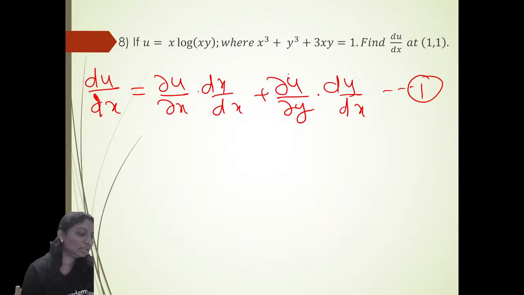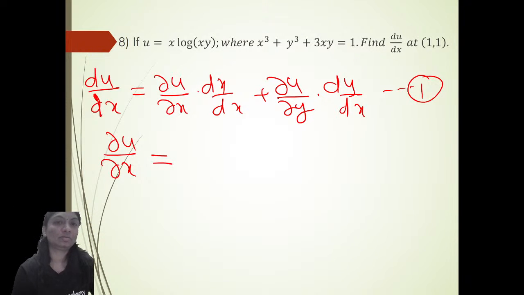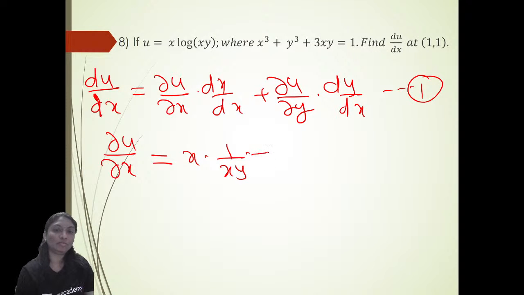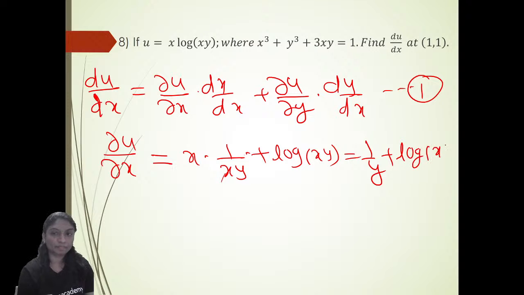What will ∂u/∂x be? First into derivative of second plus second into derivative of first. So x cancels out: 1 upon y plus log xy. This is your du/dx.